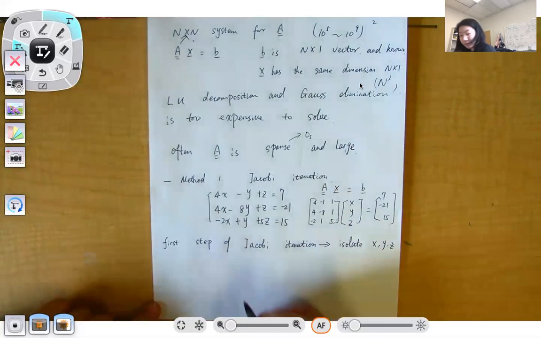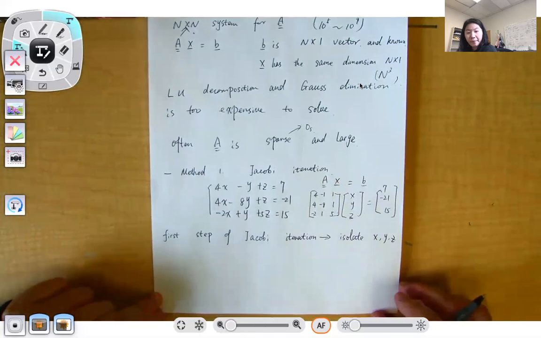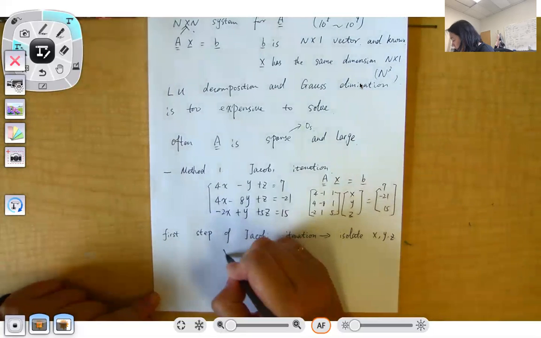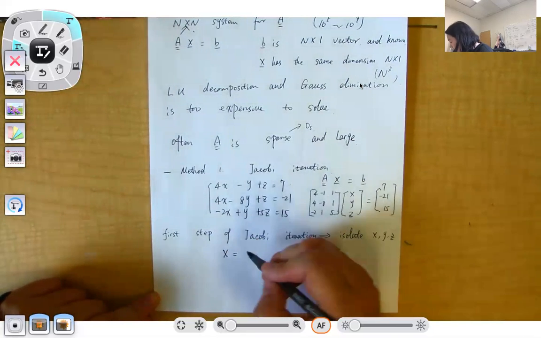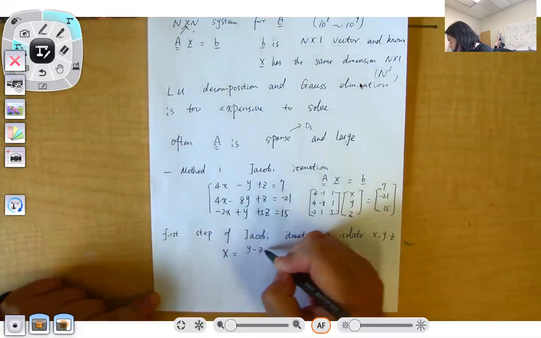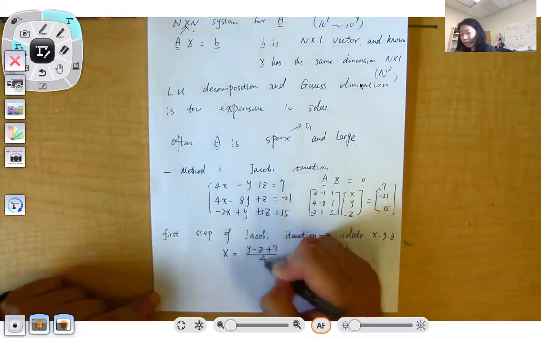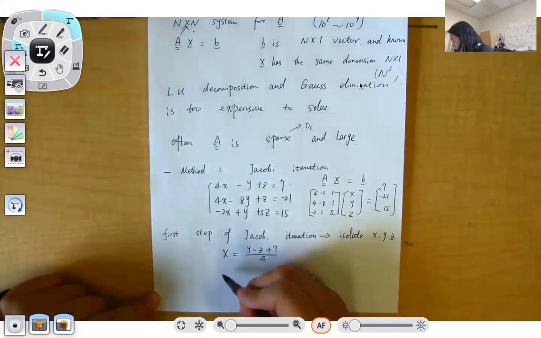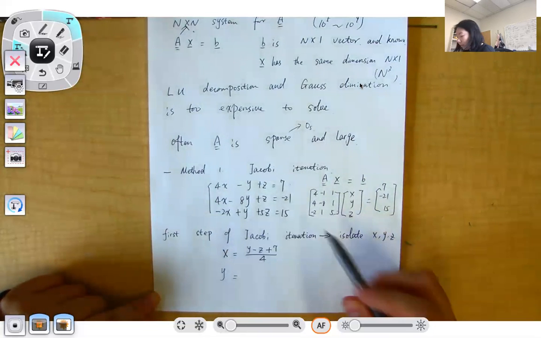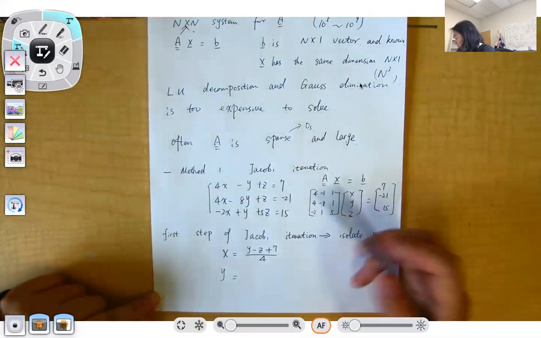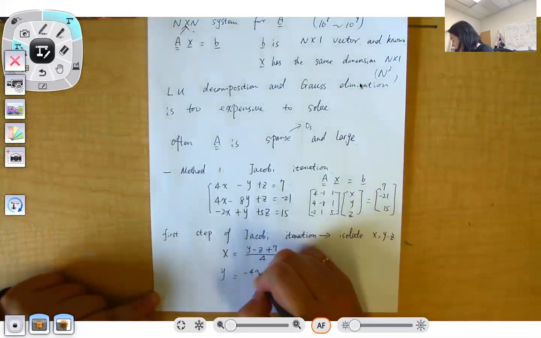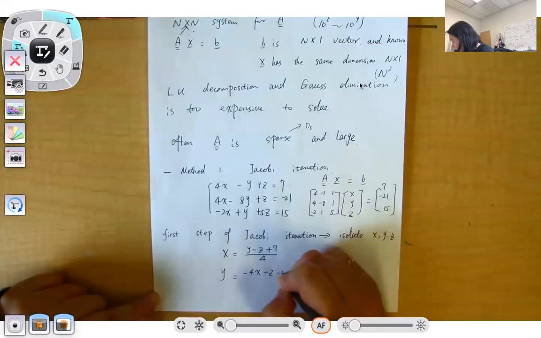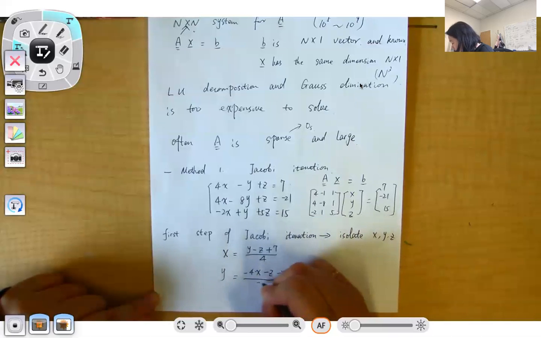So the x, let's see, from equation 1 will be y minus z plus 7, divided by 4. The y, from the second equation, will be minus 4x minus z minus 21, divided by minus 8.